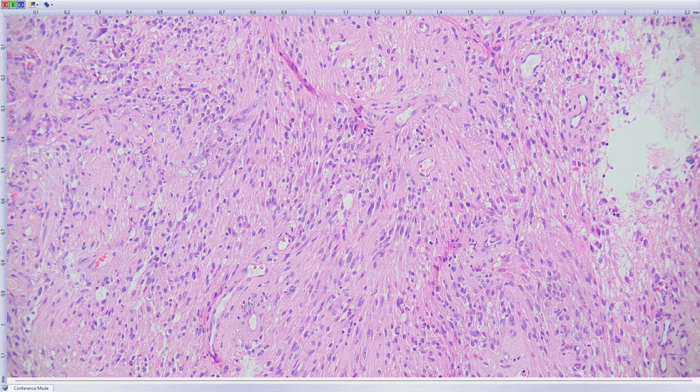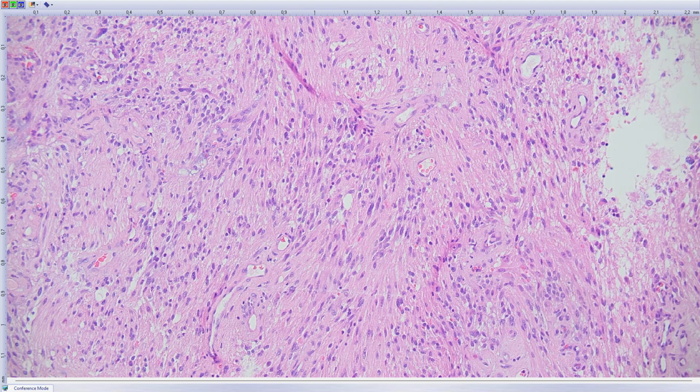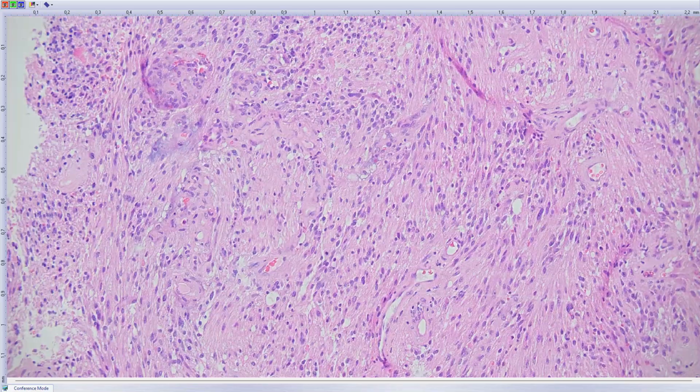So it's one of the two entities in the current WHO classification of CNS tumors for which methylation profiling is the only type of molecular investigation you can do, and you are not able to make the diagnosis without methylation profiling.